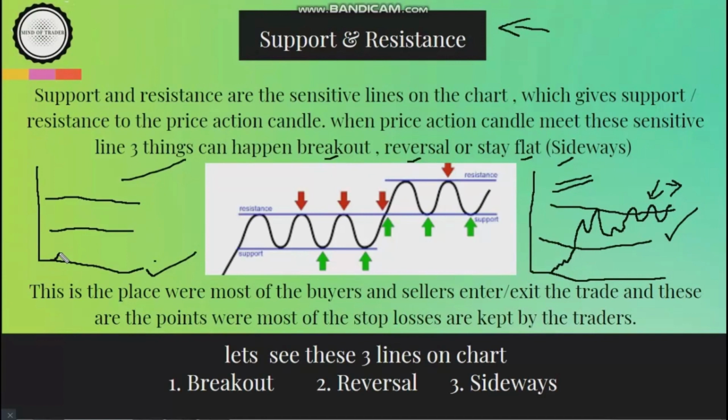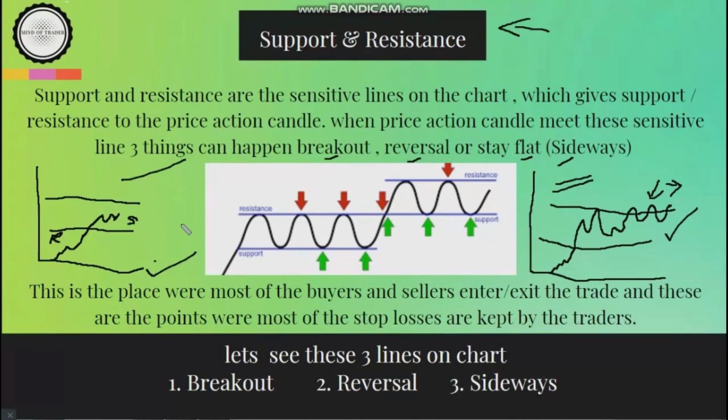Imagine this is a price action candle and it is going up. Right now, the sensitive line, which we call support and resistance, is a resistance here. Let's say the price action candle is able to break this resistance and goes up. Now the same line is giving support to the price action candle.